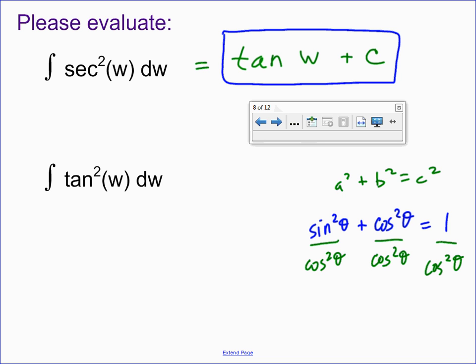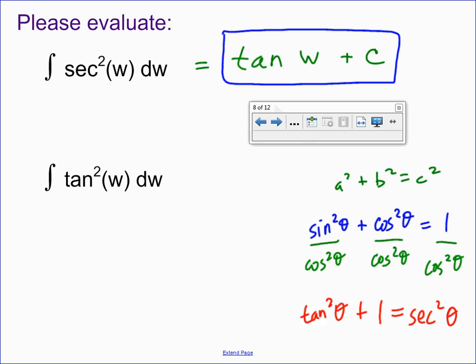If I divided both sides, each term, by cosine squared theta, then sine squared theta over cosine squared theta is equivalent to, there's my tangent squared theta, plus, what's cosine squared theta over cosine squared theta? 1 equals, and what's 1 over cosine squared theta equivalent to? Secant squared, by golly. And we can do this and generate the other Pythagorean identities. It's just that we wanted the one that included tangent squared theta.